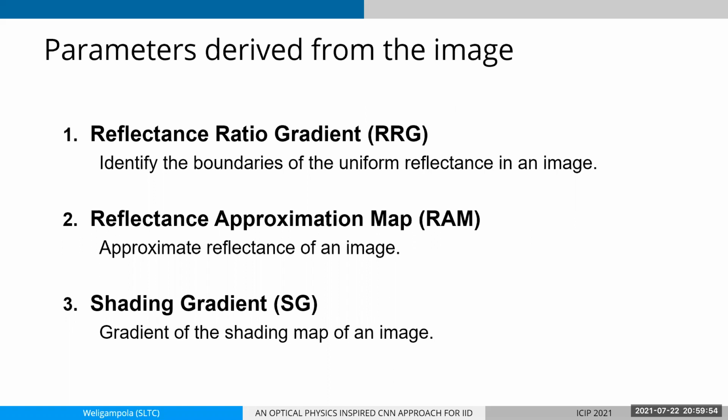The first parameter is the reflectance ratio gradient, or the RRG, which is used to identify the boundaries of the reflectance. The RAM, or the reflectance approximation map, helps us make an approximation of the reflectance. And finally, the shading gradient helps us identify the shading component. We'll go through these parameters one by one.